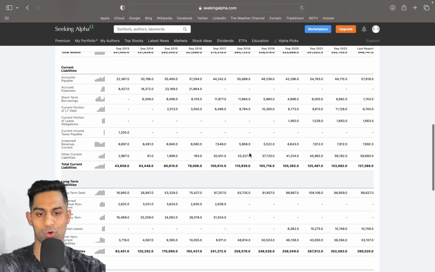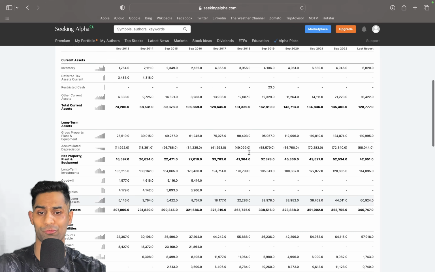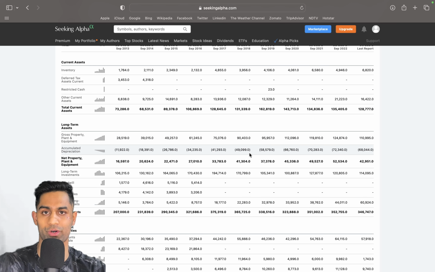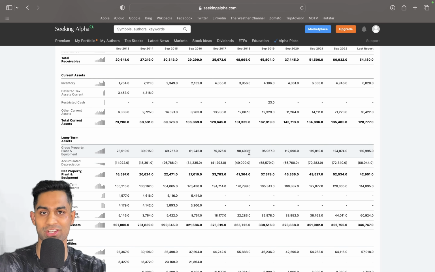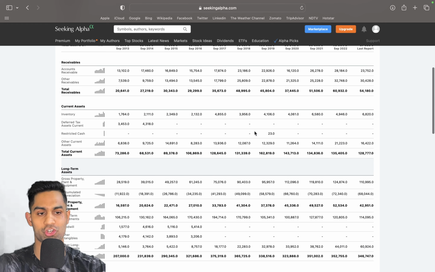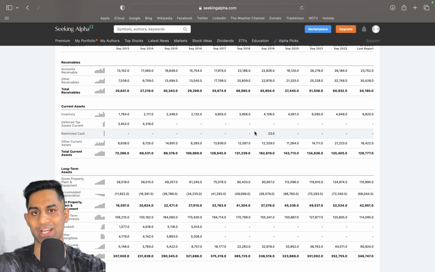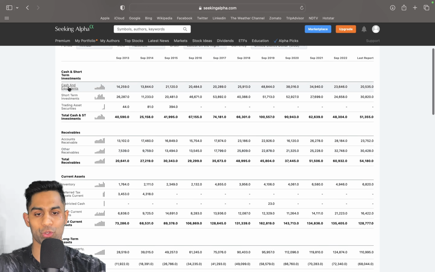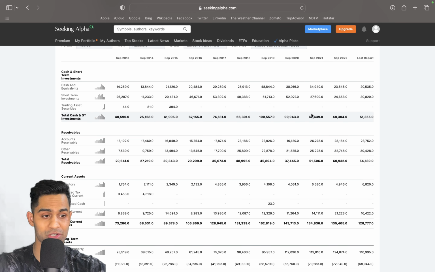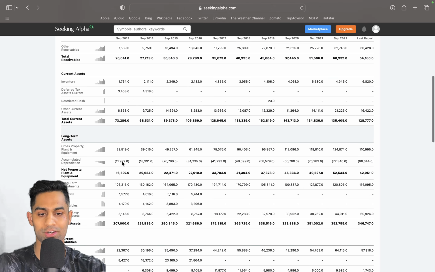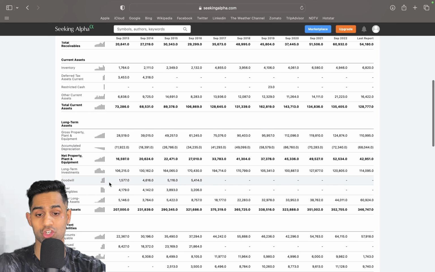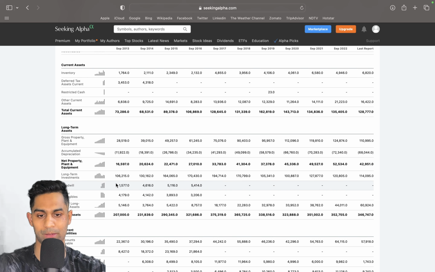Perfect. And then if we come over here, we're also going to account for cash and marketable securities, right? So cash and short-term, long-term investments, that's how much liquid cash the company has. Doesn't matter if it's maturing in under a year or over a year, it's cash on the balance sheet. So for Apple, you'll notice that total cash and short-term investments are sitting at 51.3 billion, but then we also have long-term assets, long-term cash or marketable securities for the company, which is going to be sitting right here, long-term investments at $114 billion.